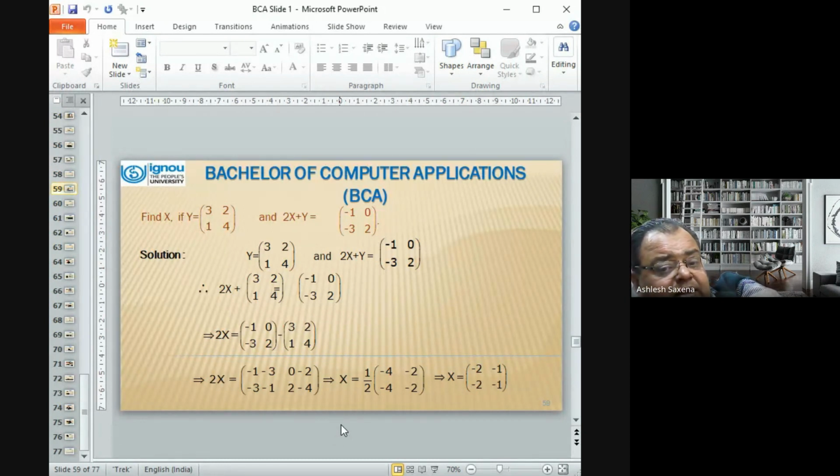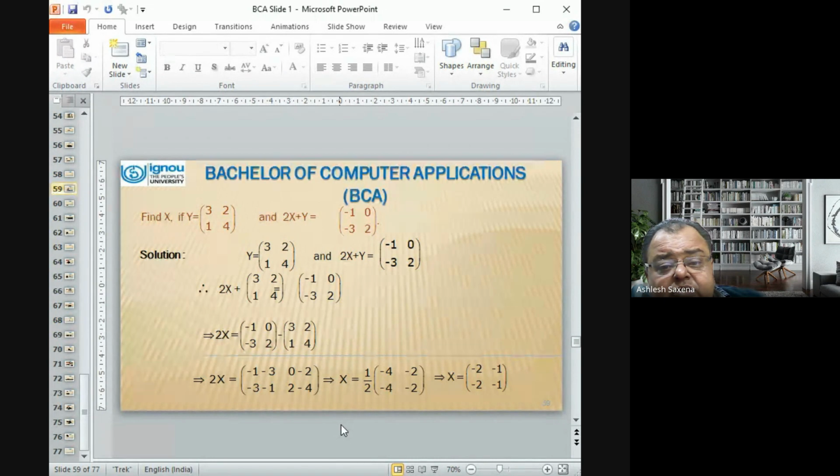You can see that a minus sign is in between the two matrices. Now the order is the same, so the elements can be subtracted. So minus 1 minus 3 is minus 4. 0 minus 2 is minus 2. Minus 3 minus 1 is minus 4.